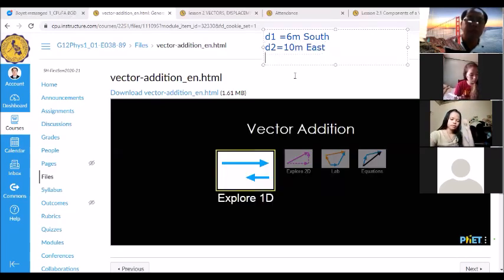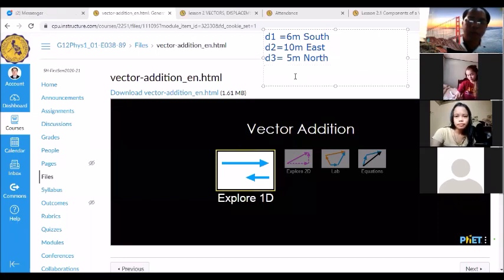And then D3 is 5 meters north. And then we are looking for our DR value. How much is our DR value? Sorry, that's our DR value. Okay.